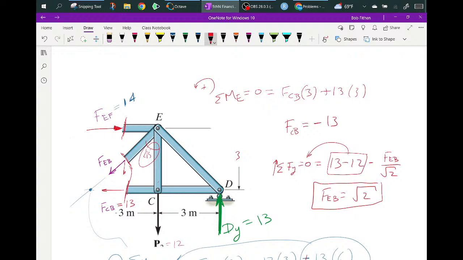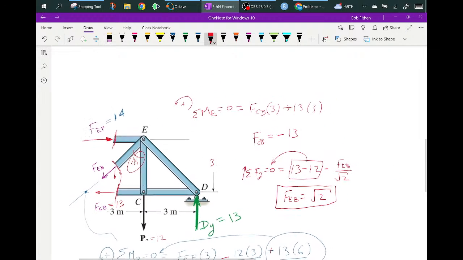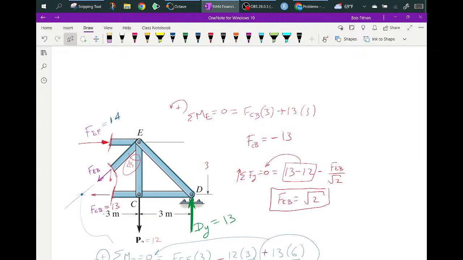Now, if I want to check this thing, there's a simple way to check it. And you could almost check it visually. If you notice, this is 14 and this is 13.